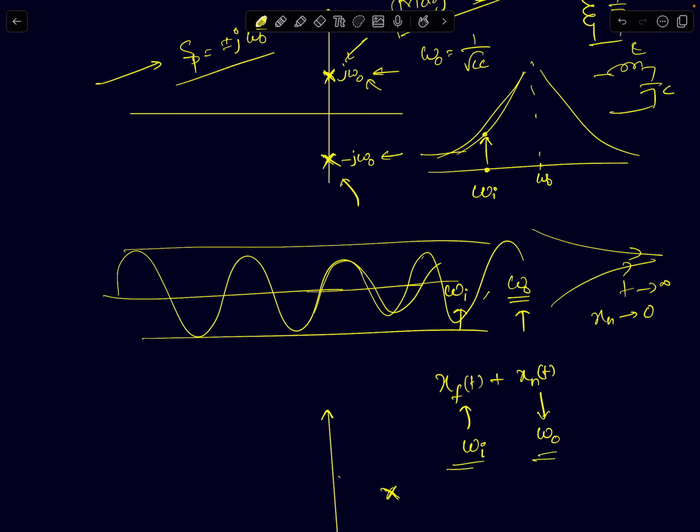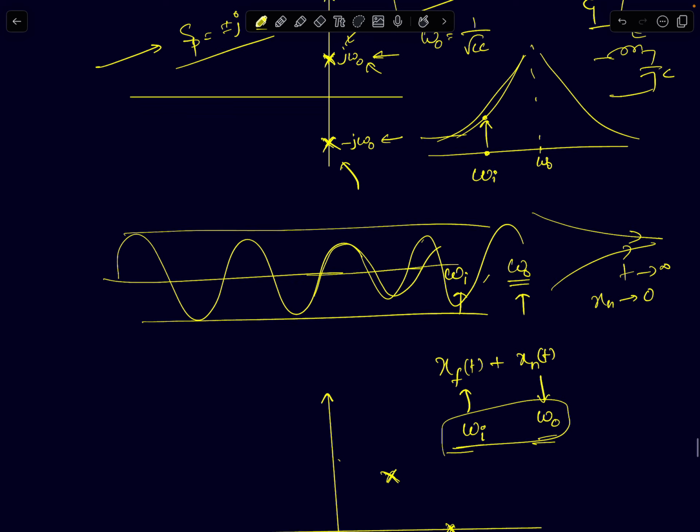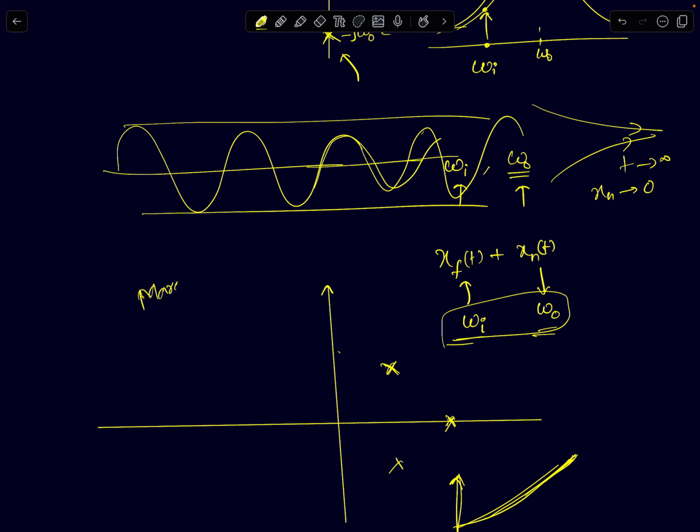This is true for a marginally stable system. For a marginally stable system, your output will have two different frequencies. One is the input itself, and the other frequency will be the resonant frequency, omega naught or omega n, whatever I called it.